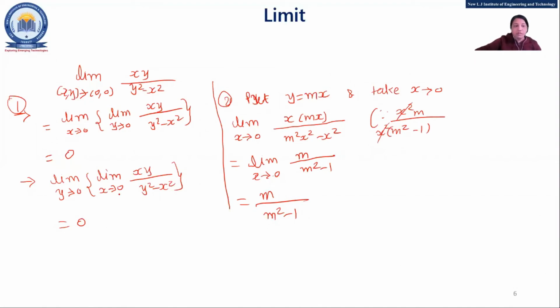At first both are 0, but here we will not get a 0. That means our value depends upon the variable m, and m can be anything.